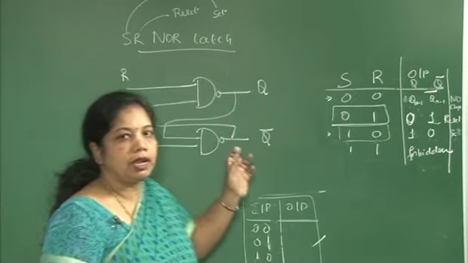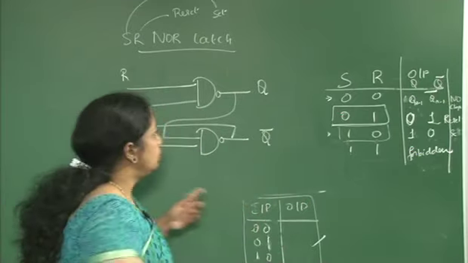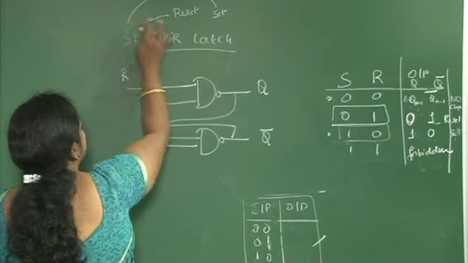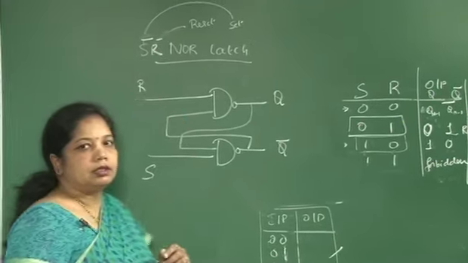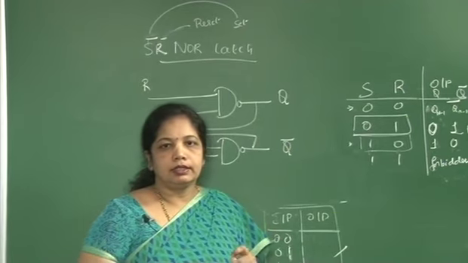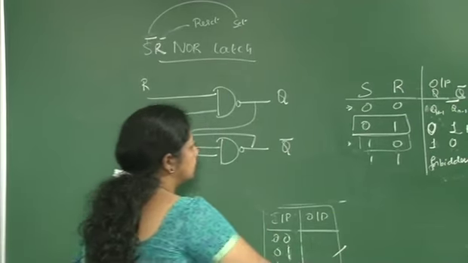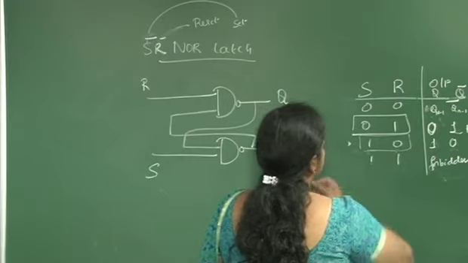This is called a feedback connection. So now we are discussing the S bar, R bar NAND gate latch. What is the significance?